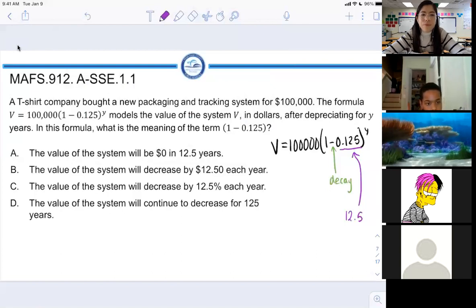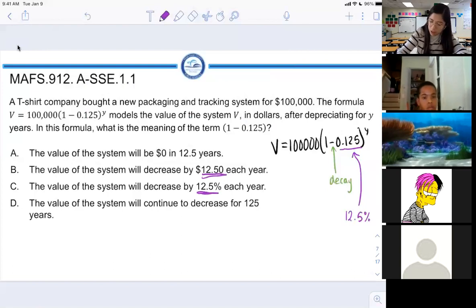I think it's like the decay rate. Yeah, that's what I'm looking for. It's 12.5, but what is it? I'm seeing $12.50 and 12.5%. So is that a percent or dollars? Percent. Good. That's always a percent, regardless of what you're talking about. That's the decay rate.